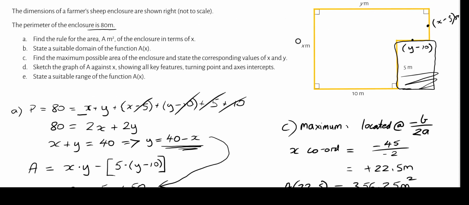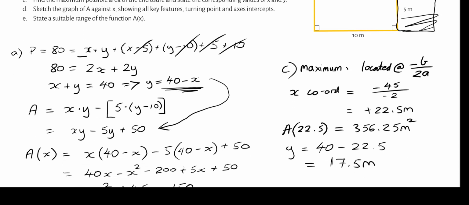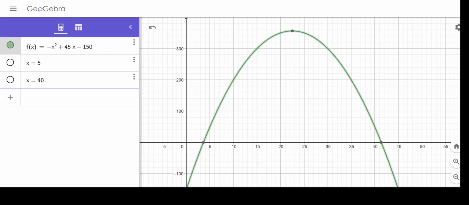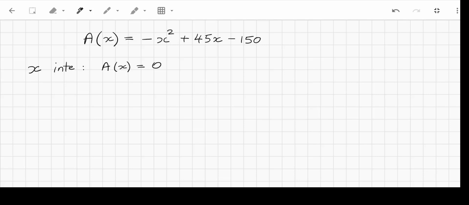Part D is the sketch of the graph of A against x, showing all key features, turning point, and axes intercepts. So I'll just move over to this other page where I've done this sketch here. So this is the graph of f of x is equal to negative x squared plus 45x minus 150. For the x-intercepts of this graph, I'm solving the equation A of x is equal to 0. So I essentially solve x squared minus 45x plus 150 is equal to 0.